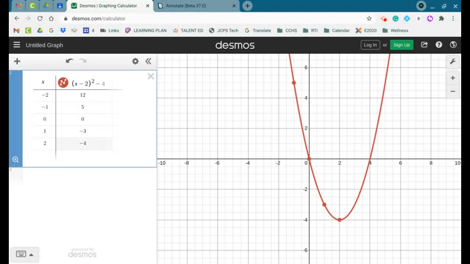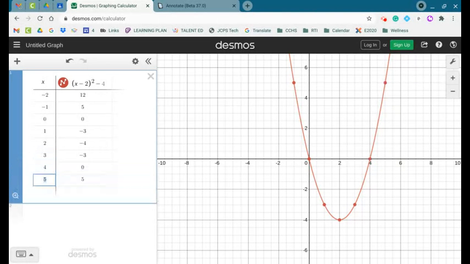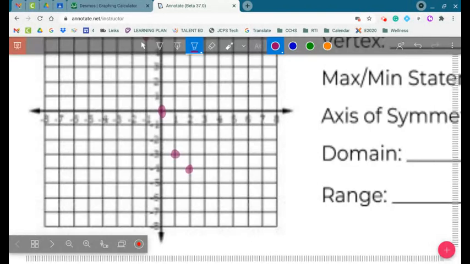So on my graph over here, I'm going to keep going. So I'm going to do 3, 4. Okay. I wanted to see this pattern from -4 to -3 to 0. So I'm going to do 3, 4, and 5. Sometimes you'll have to do this, sometimes you won't.